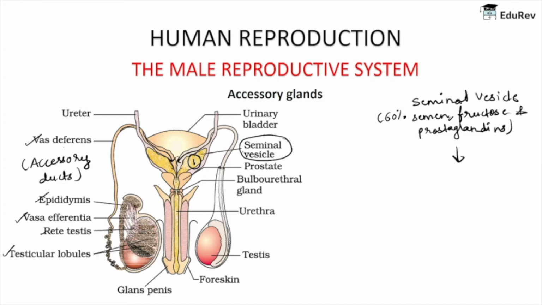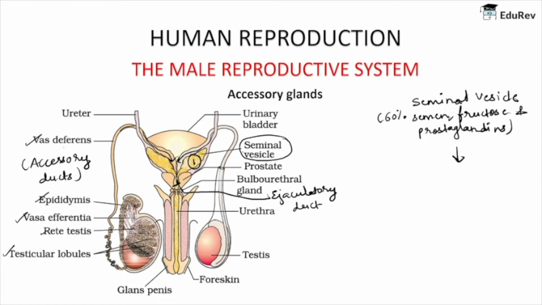This opening I am talking about, this one. Now this duct is called the ejaculatory duct. I hope you know why it is called the ejaculatory duct. Yes or no? Because the semen from the seminal vesicle and the sperm coming from the vas deferens are ejaculating inside this duct. That is correct? Yes. So now they have entered the ejaculatory duct.